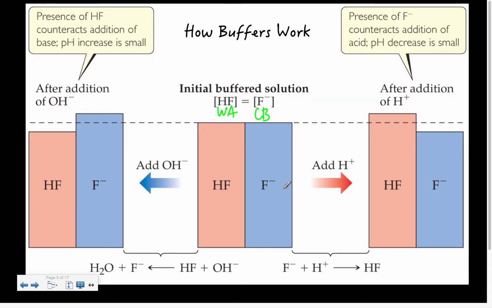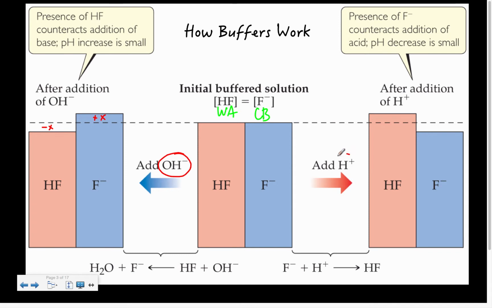Which is what this diagram is talking about. It says that as long as we have both of these species present, if I were to add some base, it's going to neutralize some of that acid. So it's going to decrease by X the amount of acid and increase by X the amount of fluoride ion. Does that make sense?